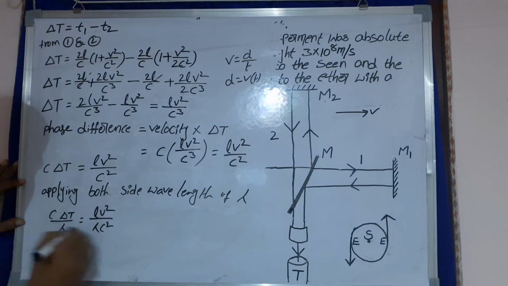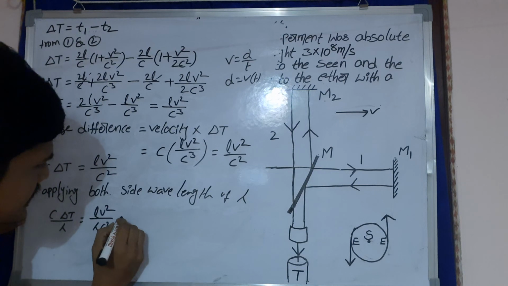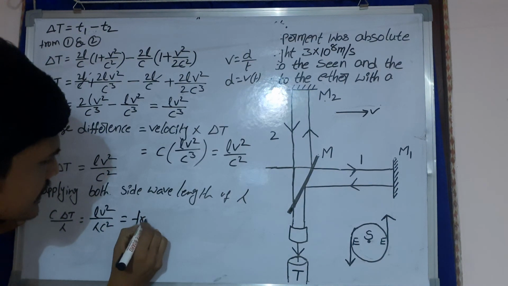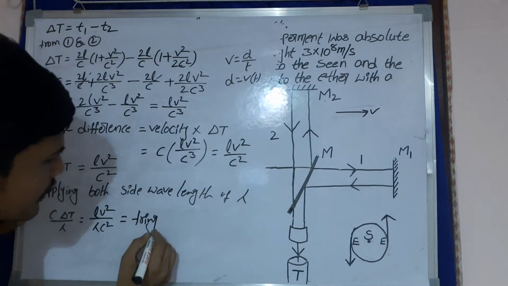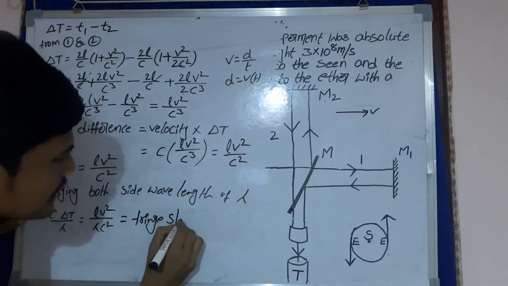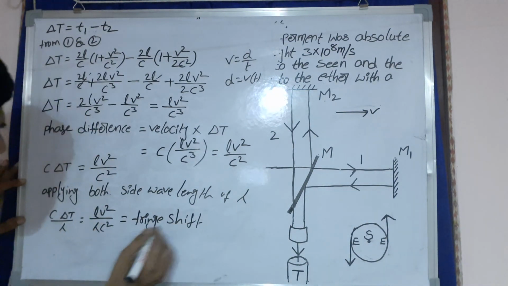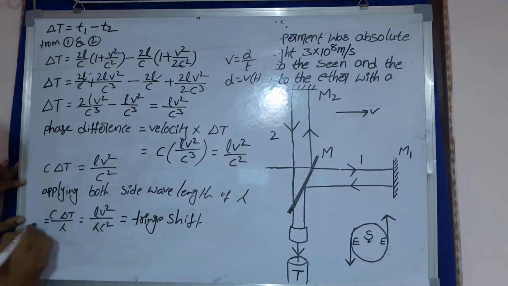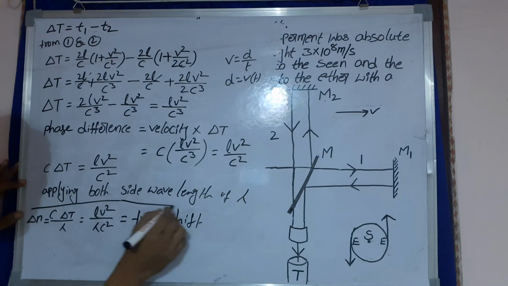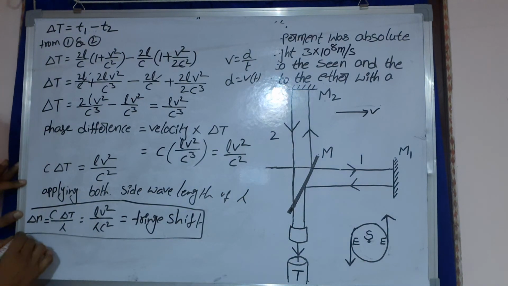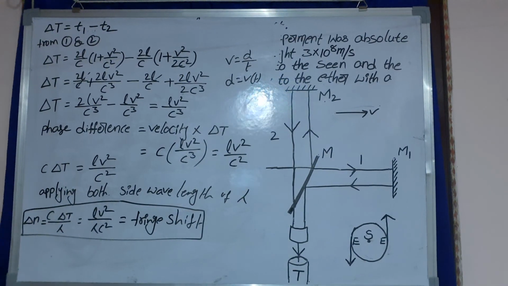So this is the fringe shift. Fringe shift indicates the delta n. So this is the formula of the fringe shift equation: c into delta t by lambda equal to L v square by lambda c square.